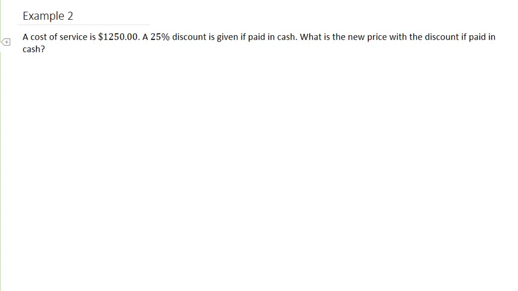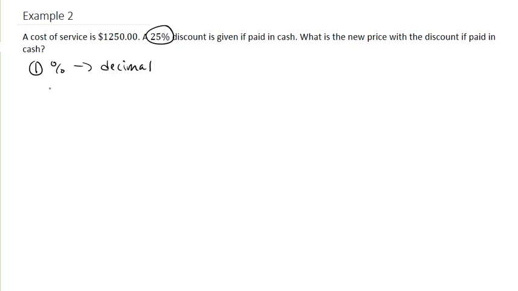So example 2, a cost of service is $1,250. A 25% discount is given if paid in cash. So what is the new price with the discount if paid in cash? So our first step, once again, is to convert the percentage to the decimal.